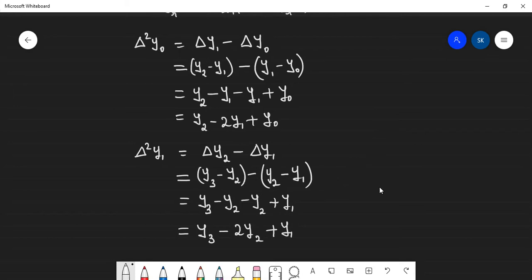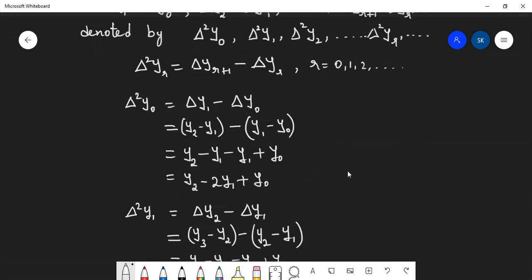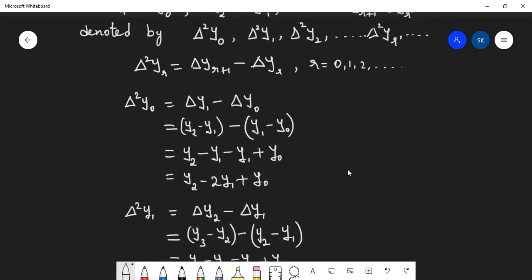And what will be the next? This is what second forward differences are. What will be the third forward differences? The difference of second forward differences will be third forward differences. Fine. So this is what we have got to know about forward differences.